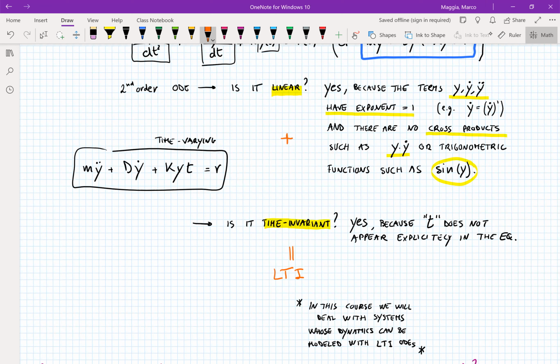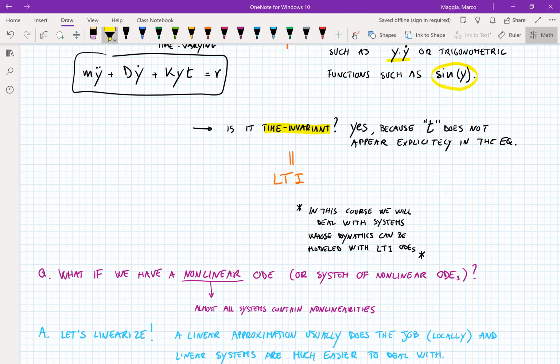If you had time varying systems, well, there's a separate theory that deals with time varying systems. And if we had a nonlinear system, well, that complicates things even more. There's already enough, trust me, that we can study for linear time invariant systems. So that's all we will focus on in this course, linear time invariant systems.